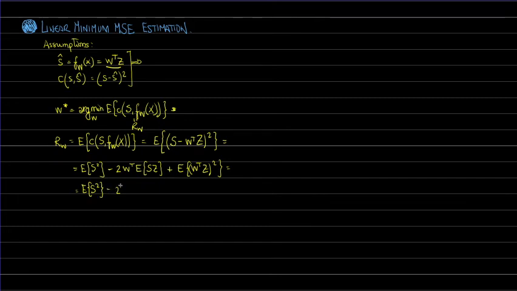The second term is just the expected value of S Z transpose W. And we can write the last term as W transpose Z times Z transpose W. So this is W transpose Z, Z transpose W. Taking the expectation of this, we get W transpose, expected value of Z Z transpose, W.